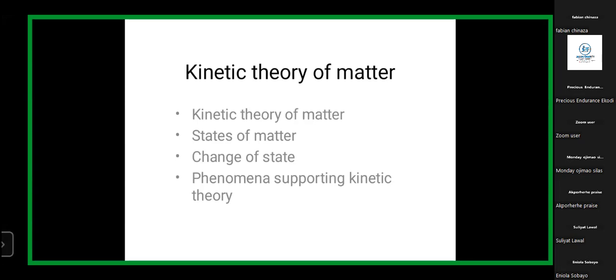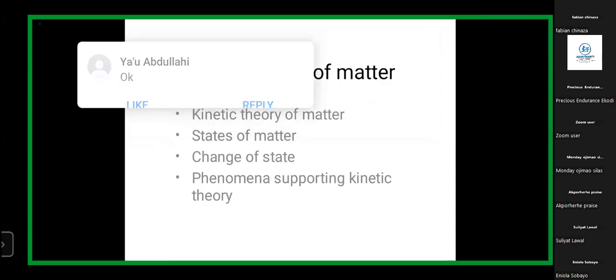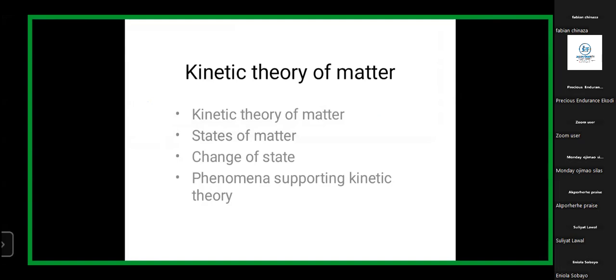While weight is everything that makes up a particle with the force of gravity acting on that particle or that body. Now, what do we mean by this?